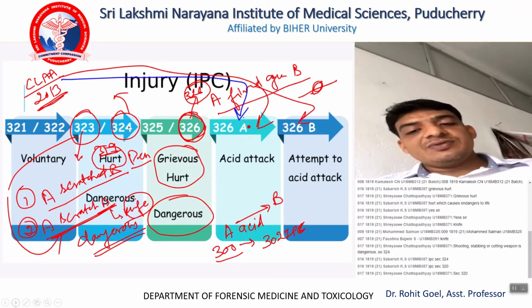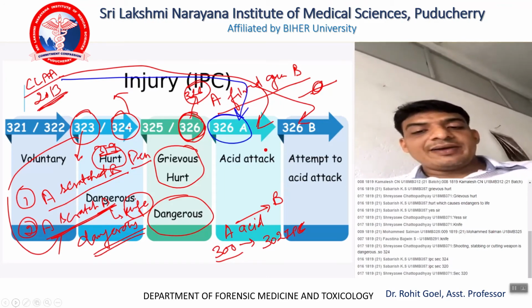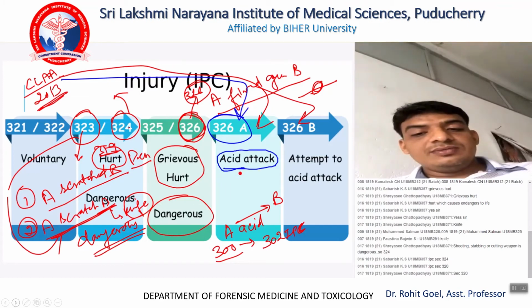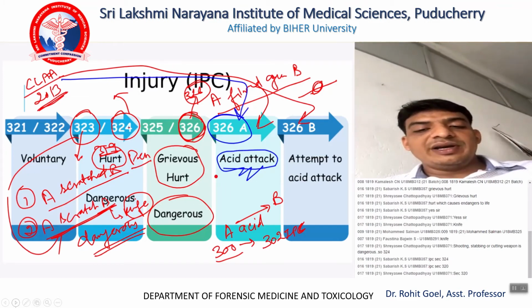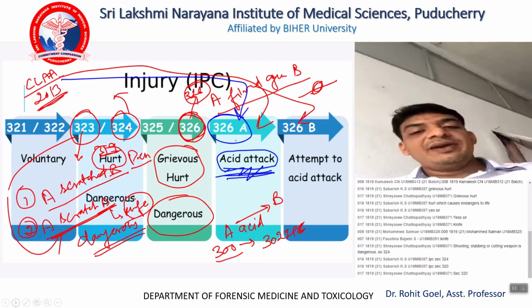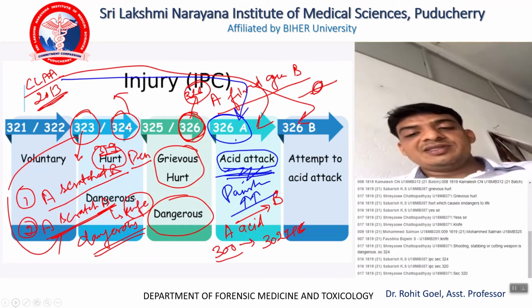326A says whenever a person has sustained injury due to acid attack, whether it is severe or a simple injury, any person sustained injury due to acid attack, case is filed under 326A. Here the punishment will be higher. Remember this thing.